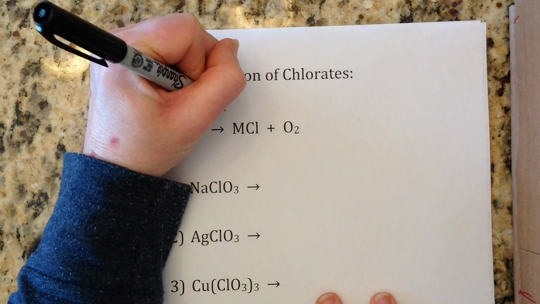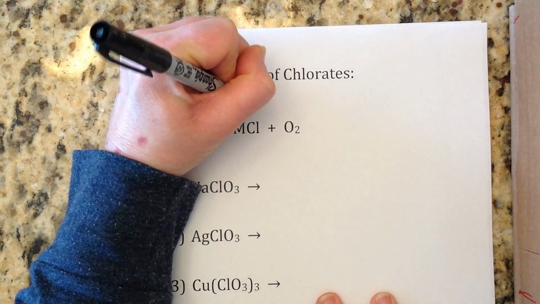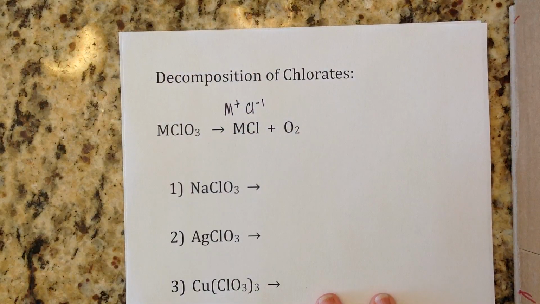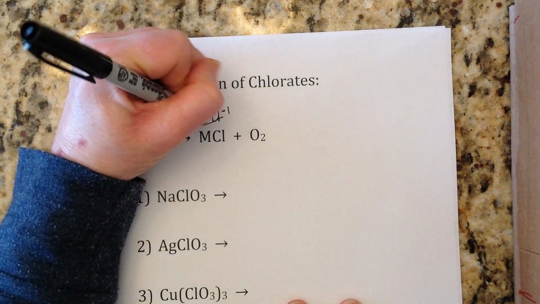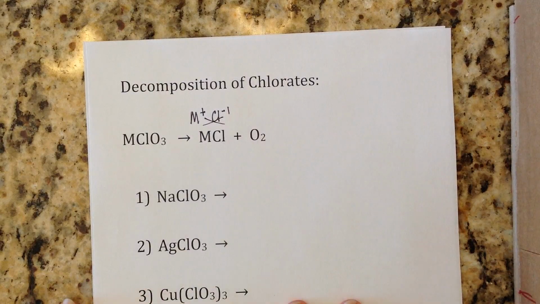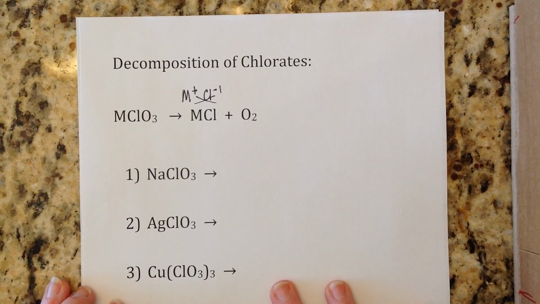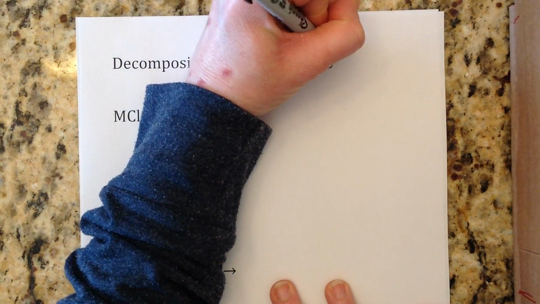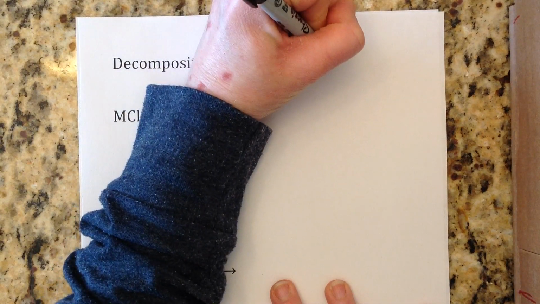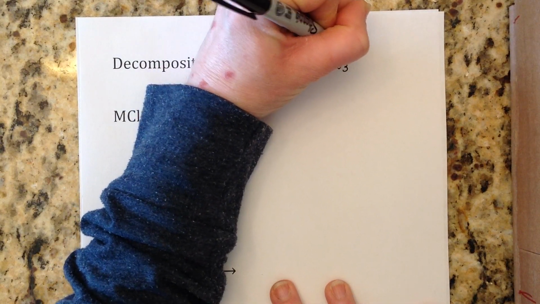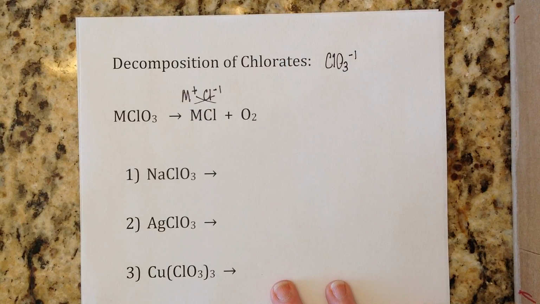The metal is crisscrossed with chloride, which we know has a -1 charge. We're going to crisscross those and add oxygen gas. So these are very straightforward. Chlorate is ClO3 -1. That is your polyatomic ion chlorate.